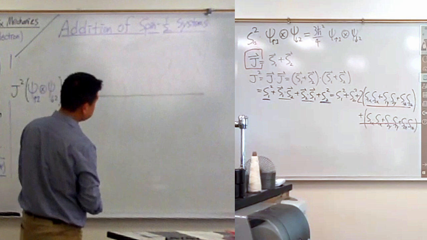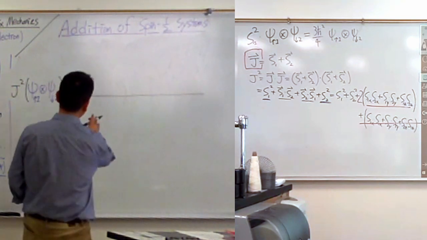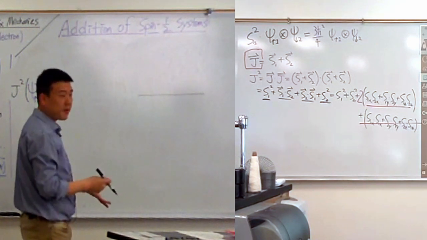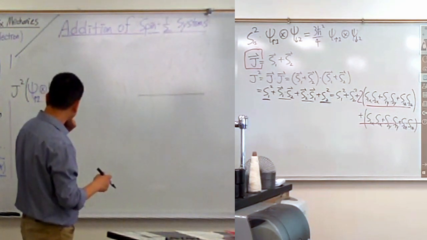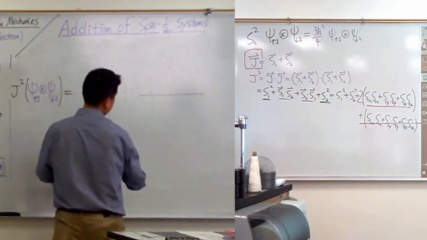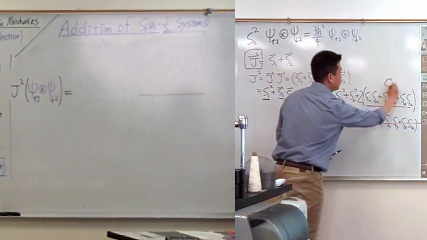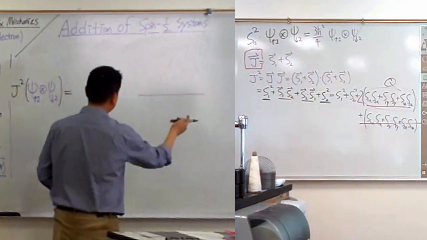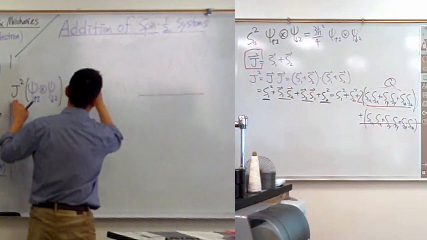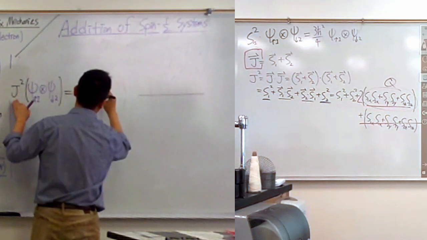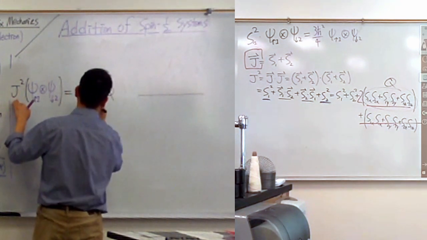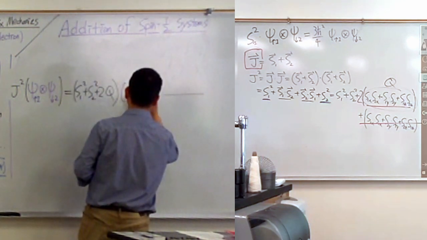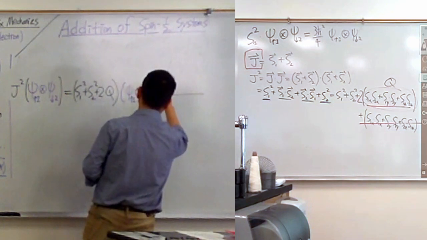So let me just write out the portion so that I minimize the amount of calculation I have to do. Let me call this operator Q, and I'm going to deal with it separately. So this is S1 squared plus S2 squared plus 2Q acting on this state, psi spin up 1, psi spin down 2.